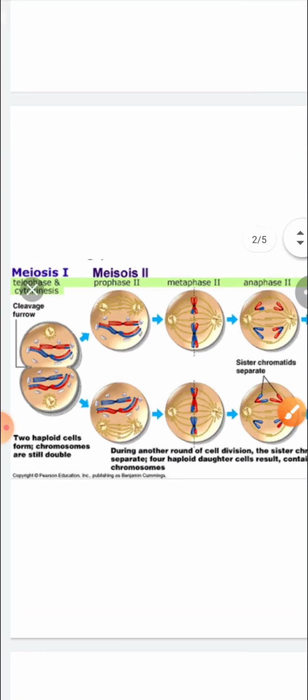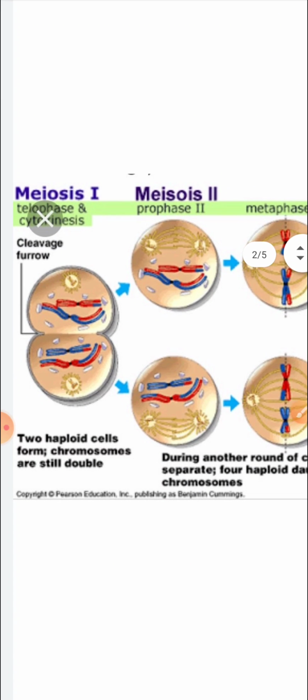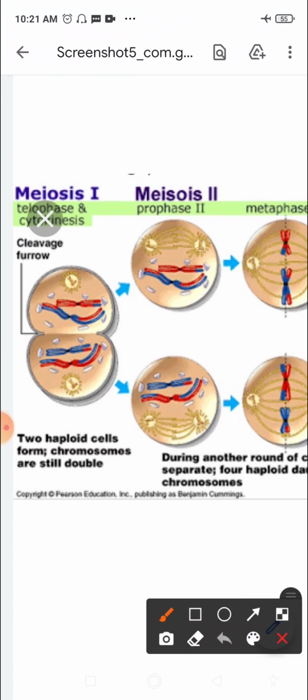So now if we look at this figure over here, we see that this is the stage where telophase 1 has taken place, and 1/2 of the chromosomes have moved towards either pole, right? From the original number of chromosomes, the number has become half, right? So here the cleavage furrow, you can see, is formed, right?